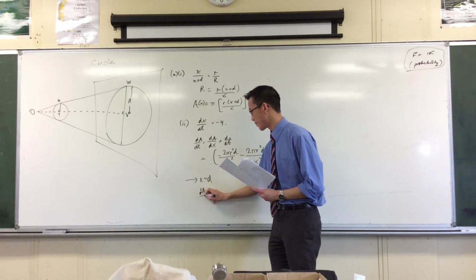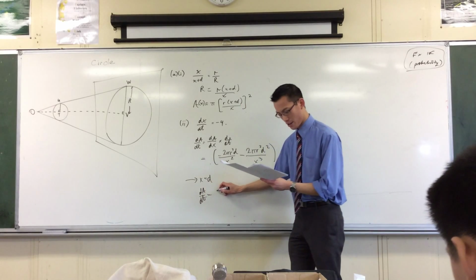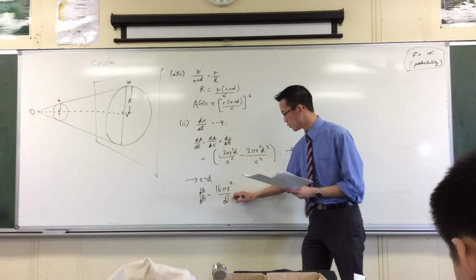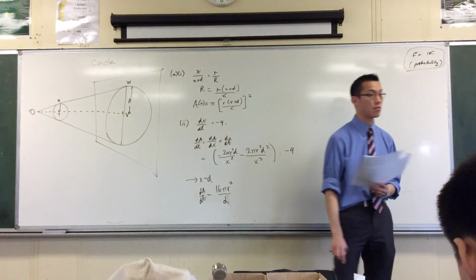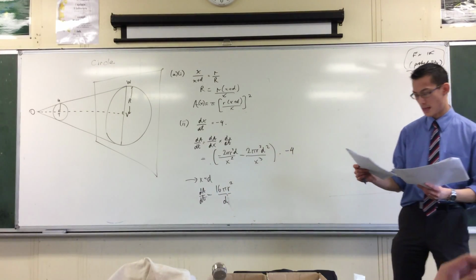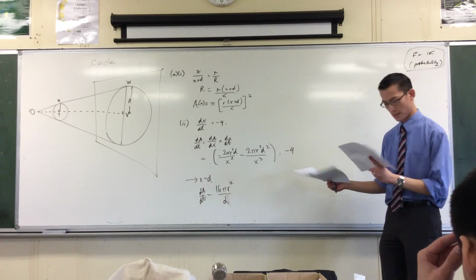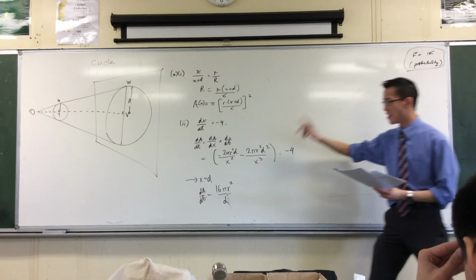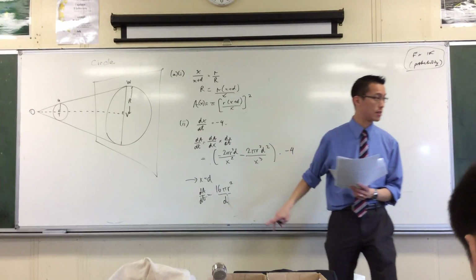You get down to this rate. A whole bunch of the d's cancel. So there you go. That's what we were looking for. There was the second mark. Okay? So, one up here for doing the proper differentiation, and then the other one for the simplification that happens after this. Okay?